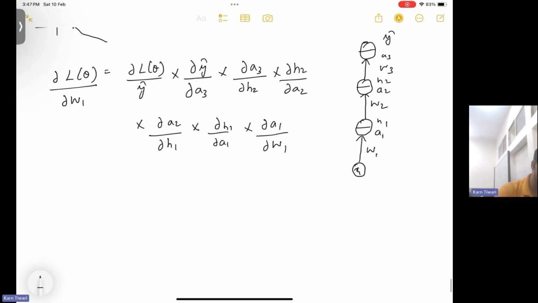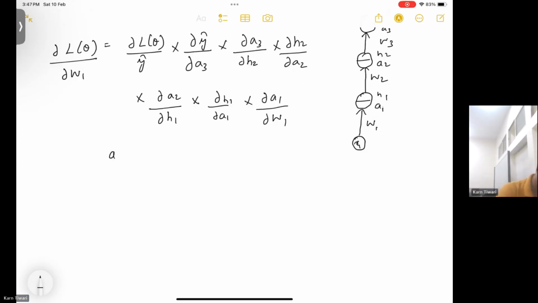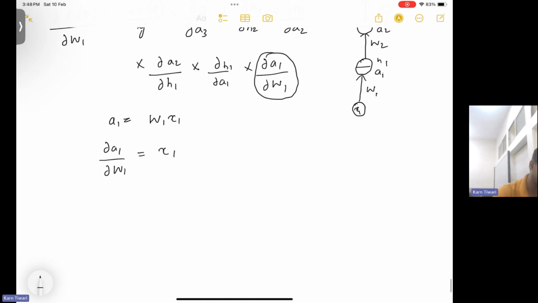Now you know that A1 is just W1 X1. So ∂A1 with respect to ∂W1 is just X1. Okay, so we got this term. Then ∂H1 by ∂A1 depends upon the activation.